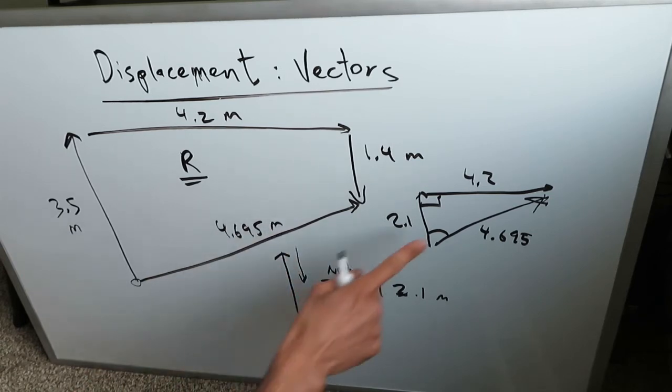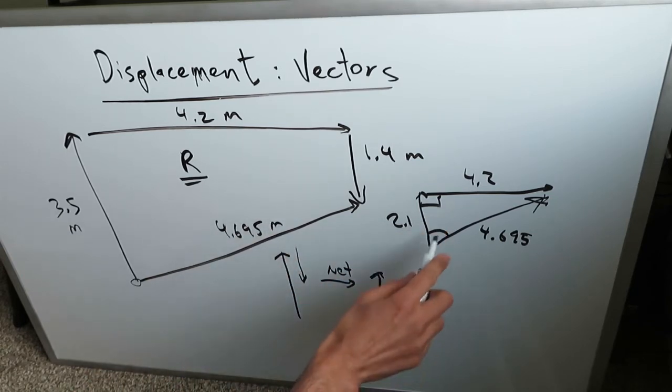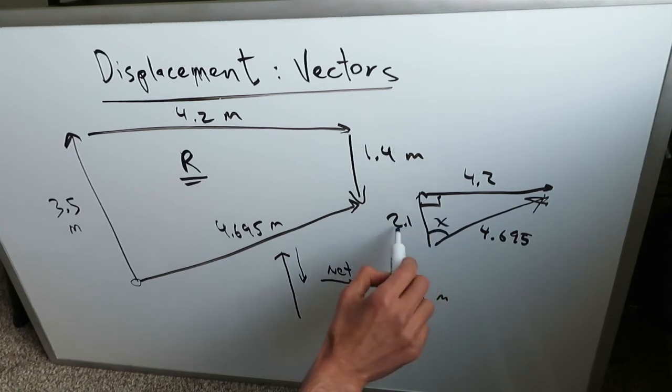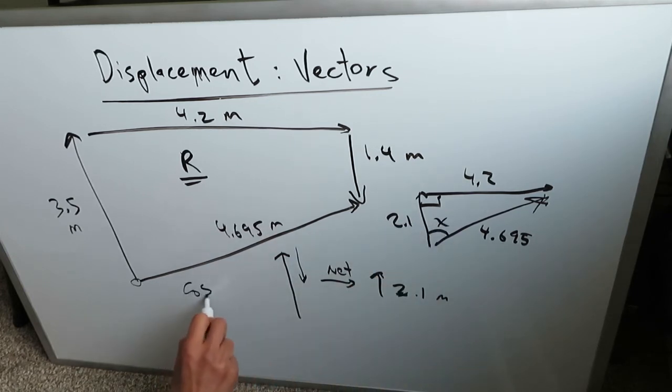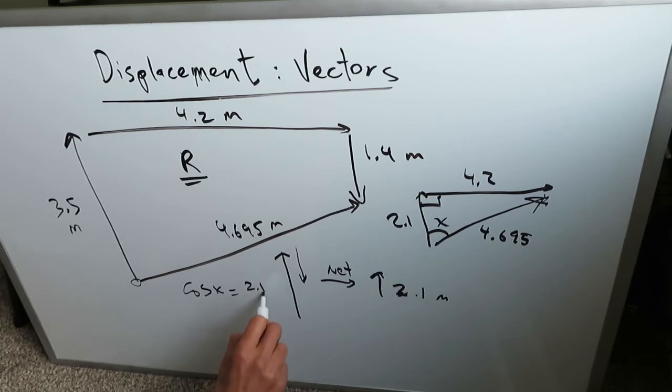Now all we have to do is calculate this angle over here. We can calculate the angle x by using cosine. Watch over here. Cosine x is equal to 2.1, adjacent, over hypotenuse, 4.695, and x will be equal to the arc cosine, or the inverse cosine, of that.